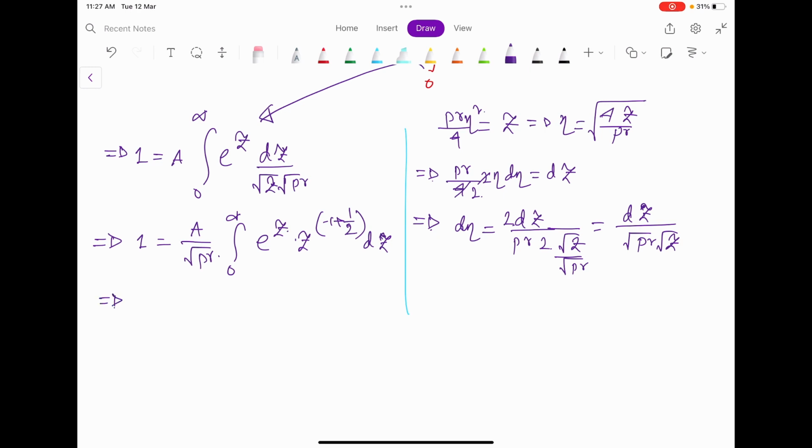So 1 equals a by root Pr, and if you can recognize this, this is the gamma function of half, and that is equal to root pi.